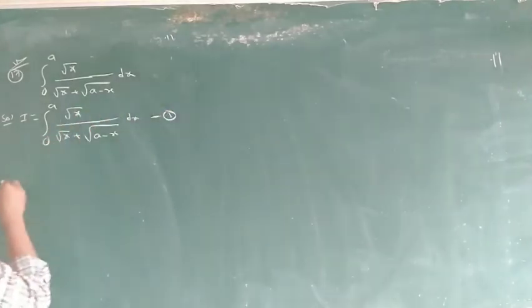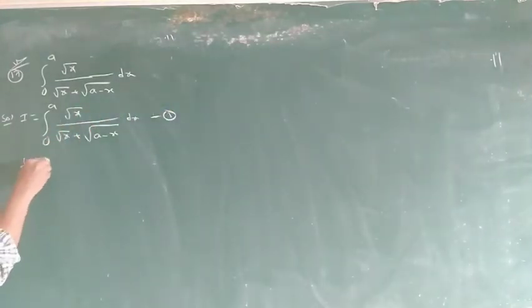Next, f of x with the formula: the integral from 0 to a of f of x equals the integral from 0 to a of f of a minus x.